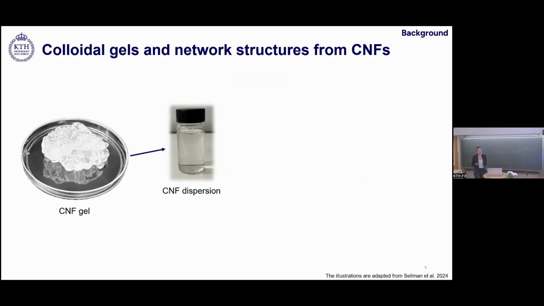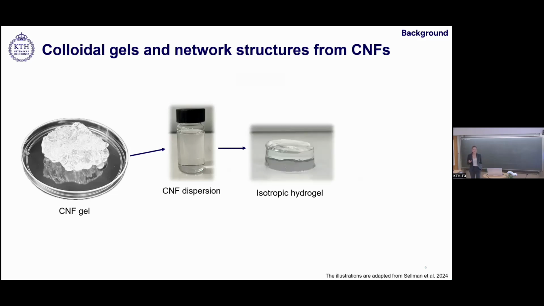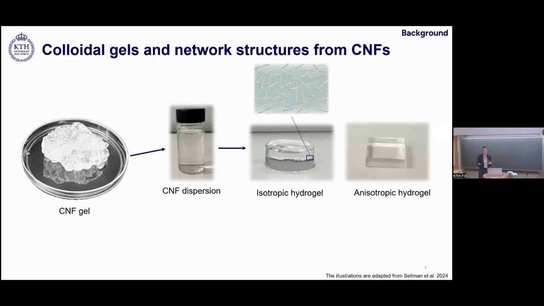We can then further process these dispersions and create isotropic hydrogels. And we create isotropic hydrogels by reducing the electrostatic repulsion between the particles, allowing the particles to come closer together and form a uniformly distributed hydrogel network structure. But we can also create anisotropic hydrogels. If we vacuum filtrate the dispersion and gently dry it and then reswell it in water or in an electrolyte solution.